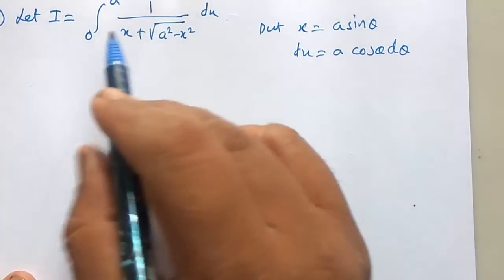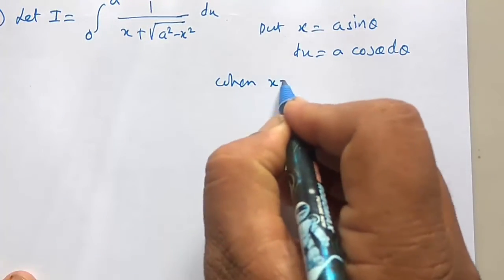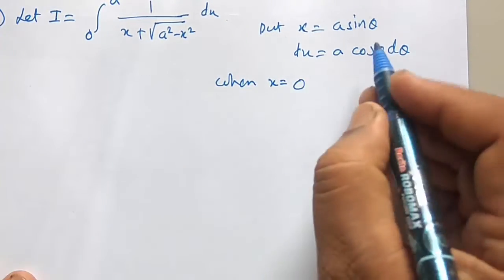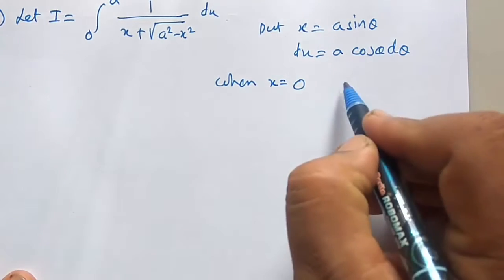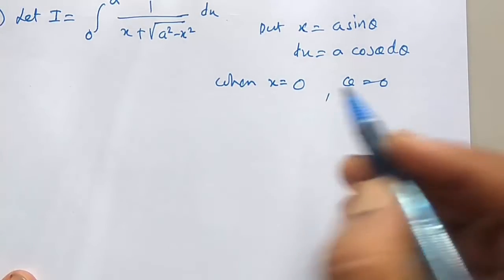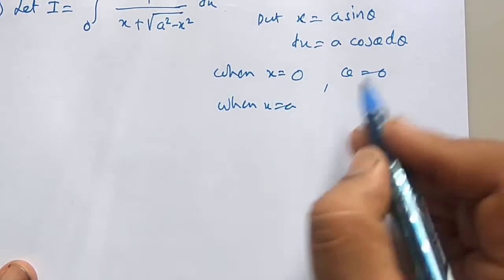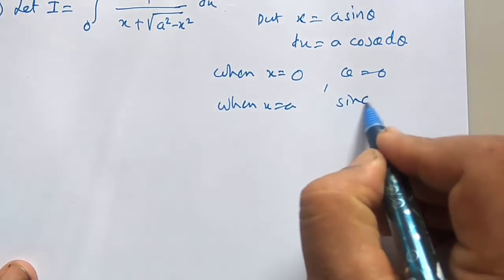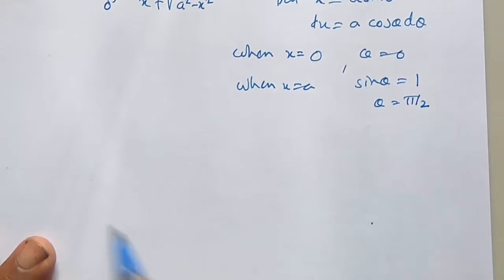Now here the limit is also changed. When x is equal to 0, sin theta is 0, that is theta is equal to 0. When x is equal to a, sin theta is equal to 1, theta is equal to pi by 2.